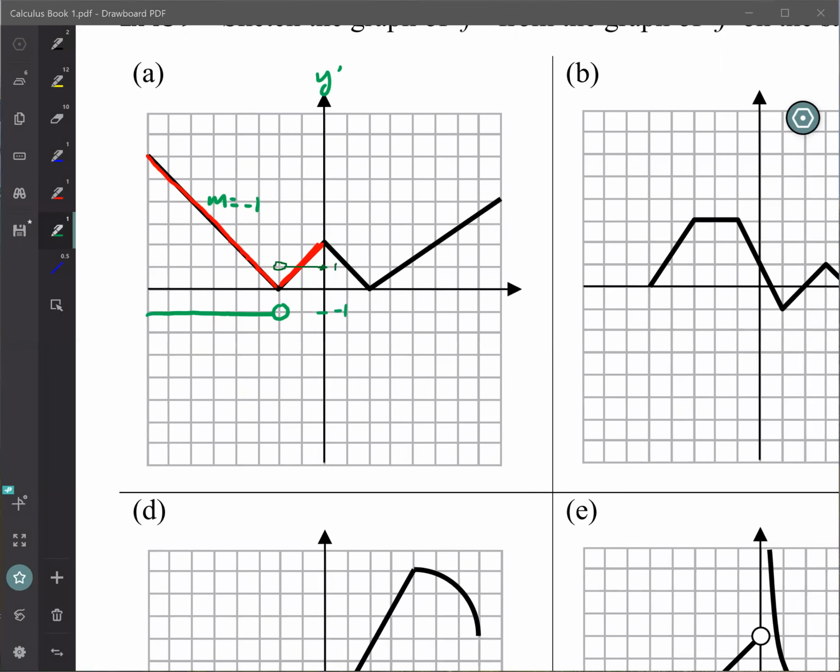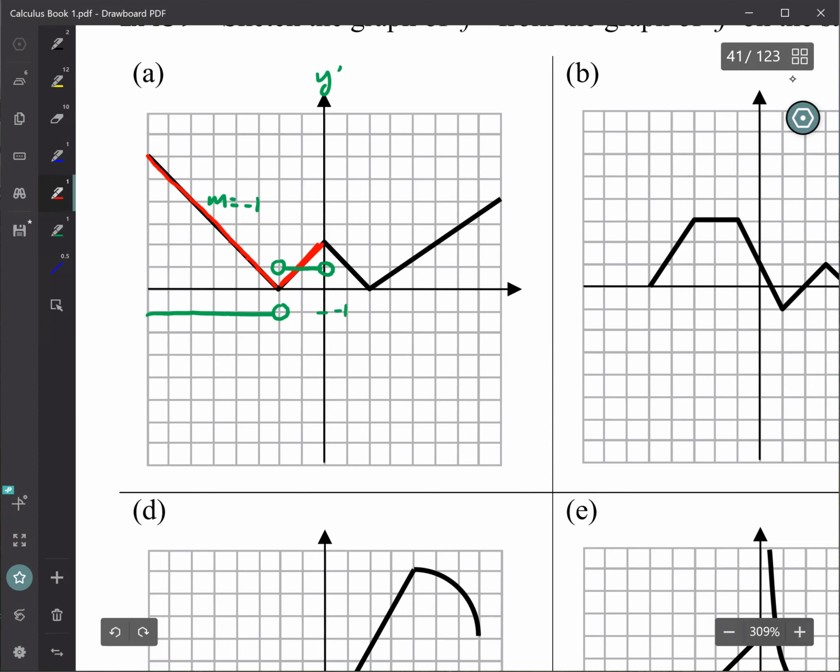Almost, pretty close, 99% correct. So what are you missing then? Oh wait, is there supposed to be a circle on the Y line? Yeah, very good, because it meets a corner. Remember whenever you have a corner, you cannot have a single value for slope. So you get that one.